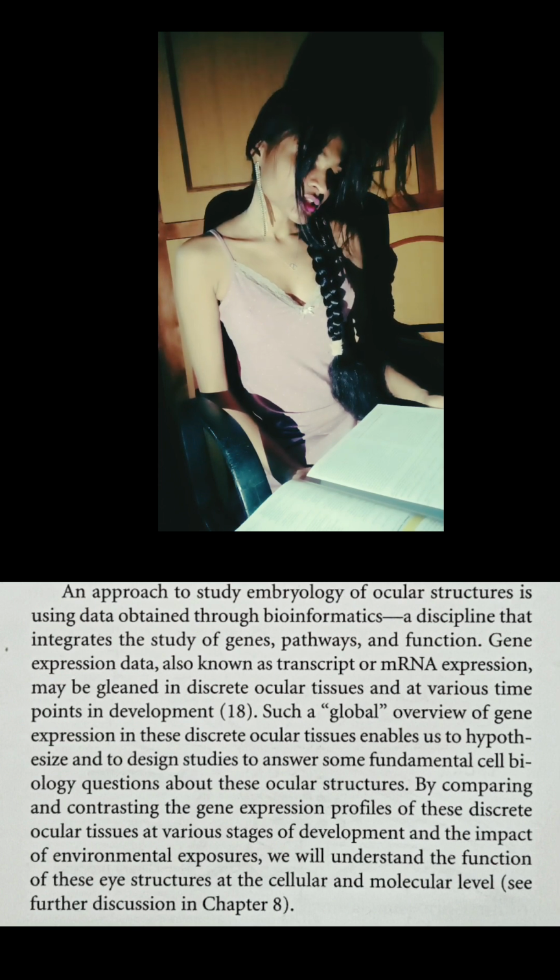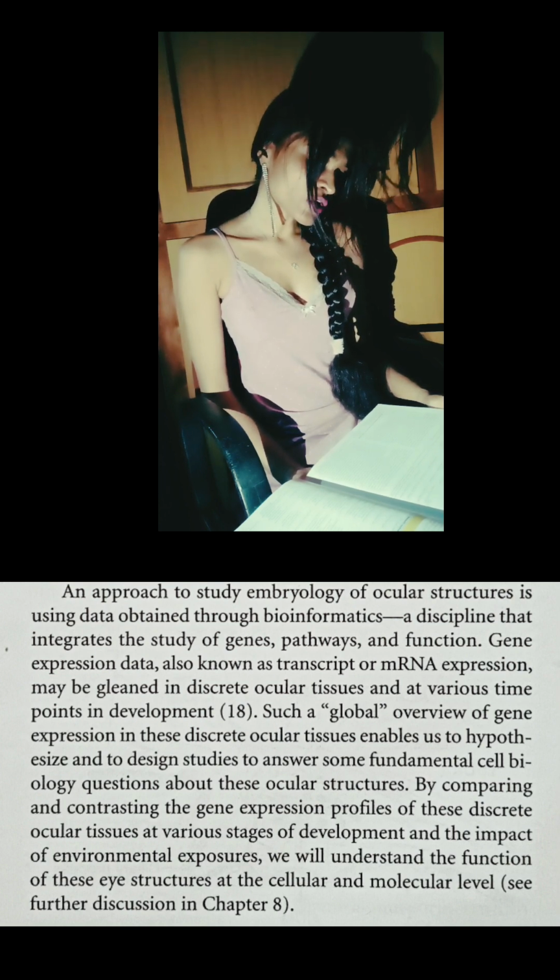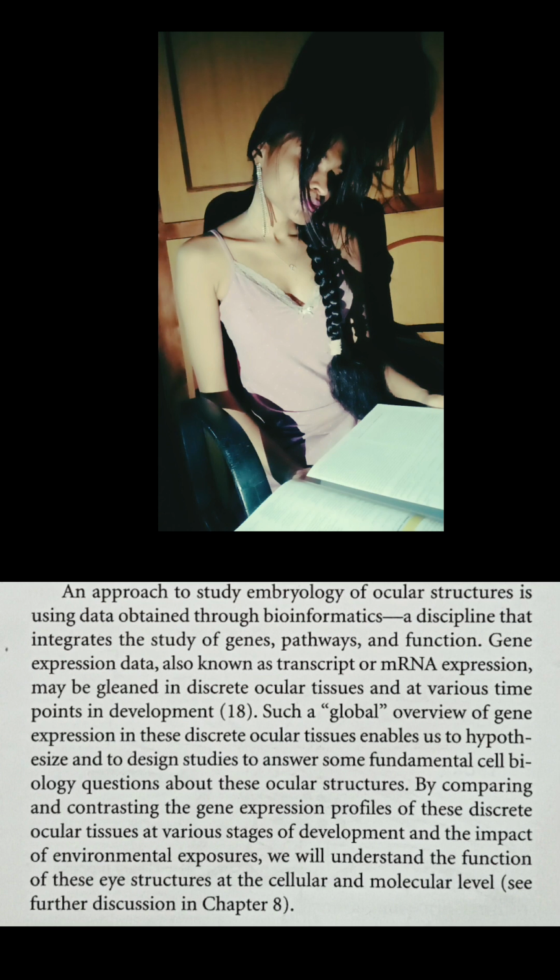Gene expression data, also shown as transcript or mRNA expression, may be gleaned in discrete ocular tissues and at various time points in development. Such a global overview of gene expression in these discrete ocular tissues enables us to hypothesize and to design studies to answer some fundamental cell biology questions about these ocular structures.